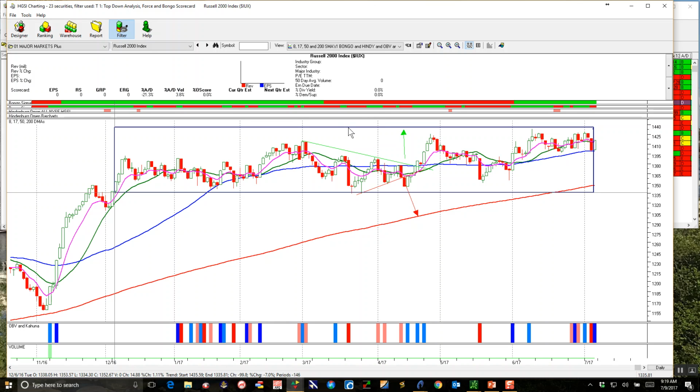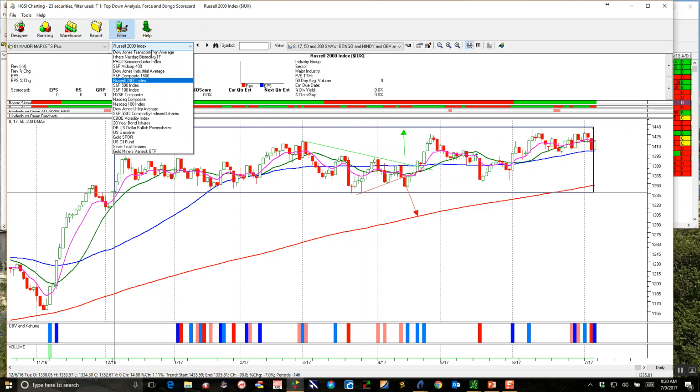The Russell has gone nowhere going back to December. When this Russell breaks, it may break with a lot of pent-up energy. And notice the weekly bongo goes green.